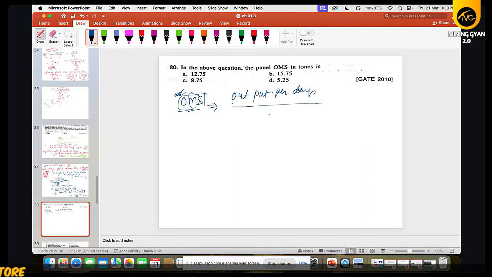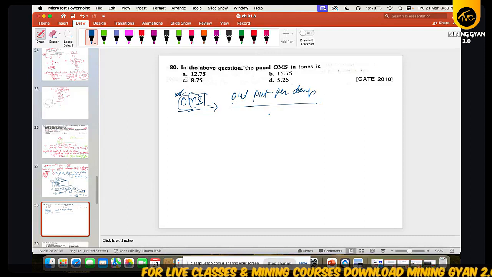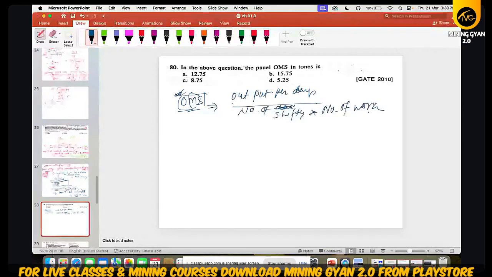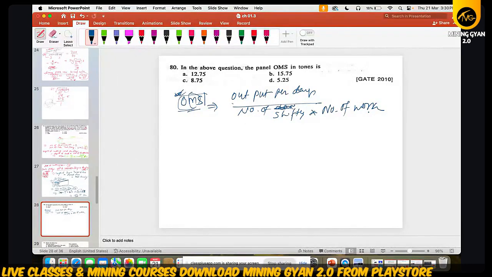डिवाइडेड बाय number of shifts in a day multiply with the number of worker. काम कितना कर रहा है, कि कितना प्रोडक्शन हुआ है टोटल दिन में, उसको अगर शिफ्ट में डिवाइड करें, उसमें अगर कितने आदमी का डिवाइड करेंगे तो एक आदमी का कितना आउटपुट होगा वो निकल जाएगा. ठीक है ना.